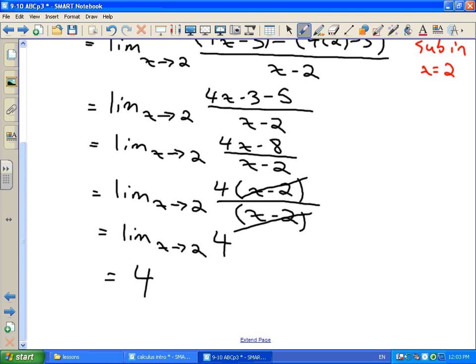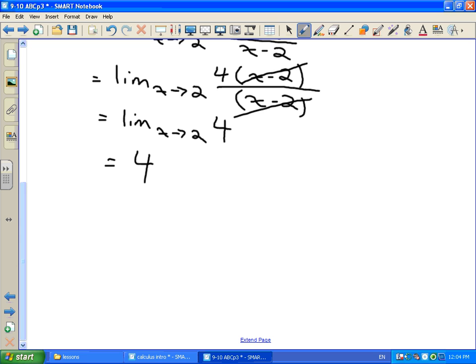So what does this mean? This means that at the point x equals 2, the slope of the tangent to that curve is 4. Slope of the tangent to y equals 4x, oh sorry, and it was 4x minus 3.